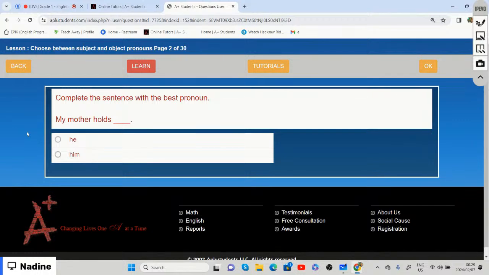We say the subject pronouns you find at the beginning of the sentence, but at the end or after an action verb, that is when you'll find the object pronoun.